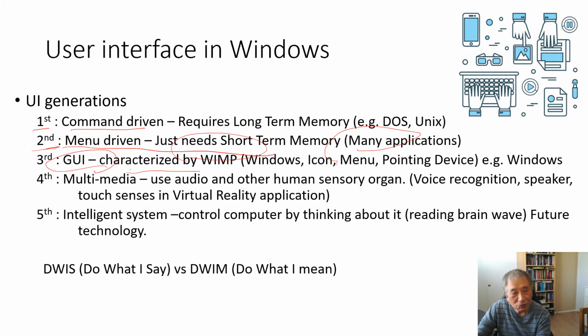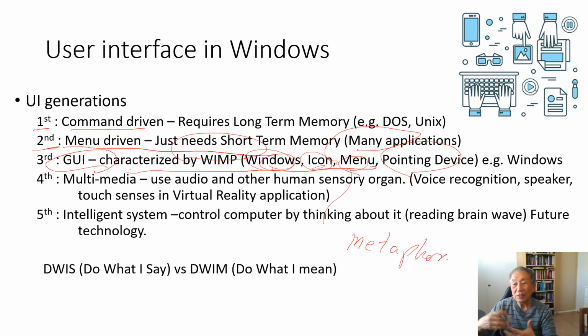And then there's a GUI, characterized by WIMP. That's windows, icons, menus, pointing devices, like our Windows. So this one is a thing called the metaphor. Metaphor is more like the imitation of reality. That's what it is.